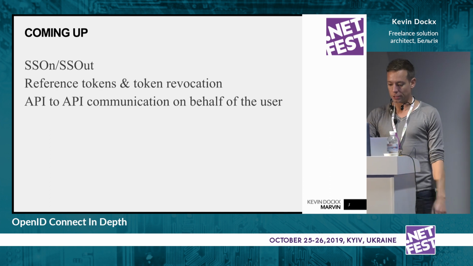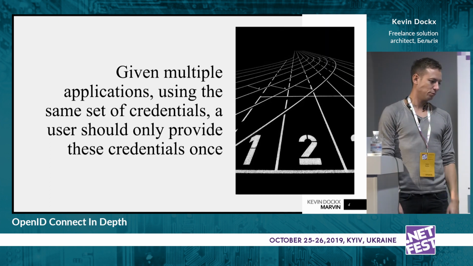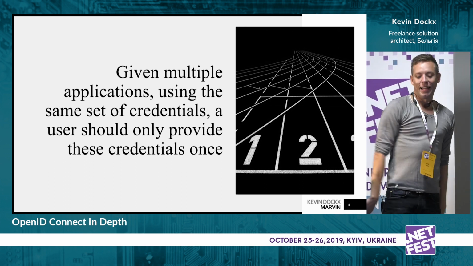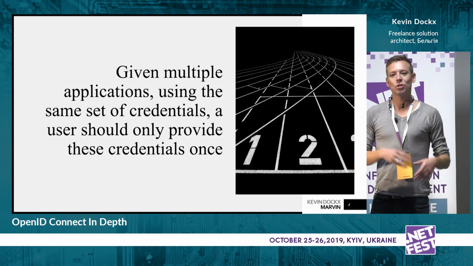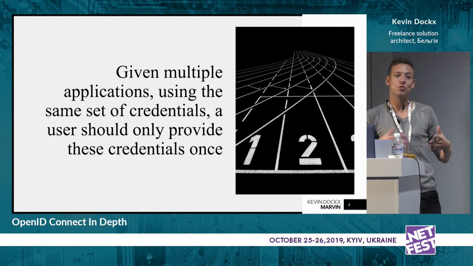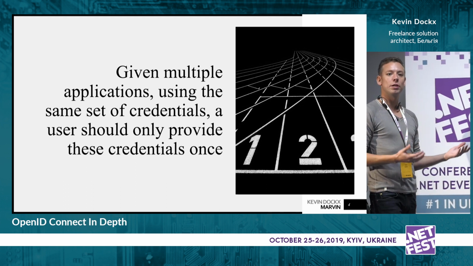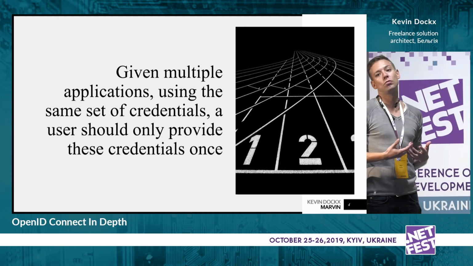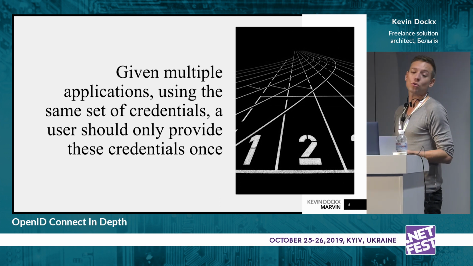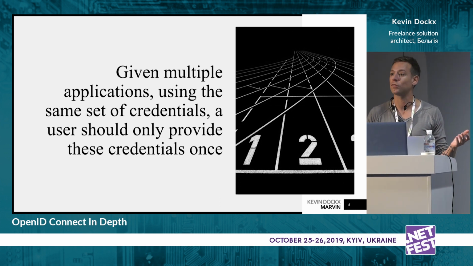So let's start with the simplest part as far as the demo is concerned, single sign-on. So the general idea is if there are multiple applications and you have one set of credentials, your username and password, you should only have to provide it once. It's a pretty common use case or concern for a lot of companies.